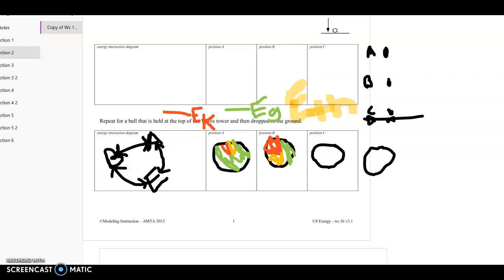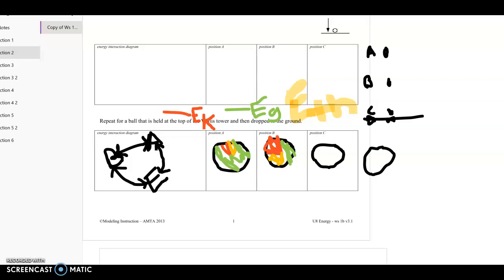And then in the end, and remember I added one, right before it hits the ground, it's going to have a whole bunch of kinetic. Let me back that up, because I have to watch this thermal, and the thermal has to be able to get bigger.